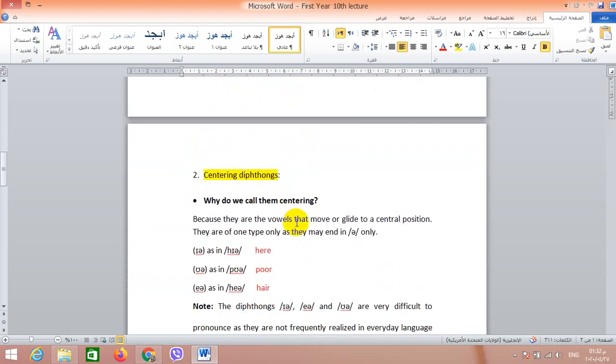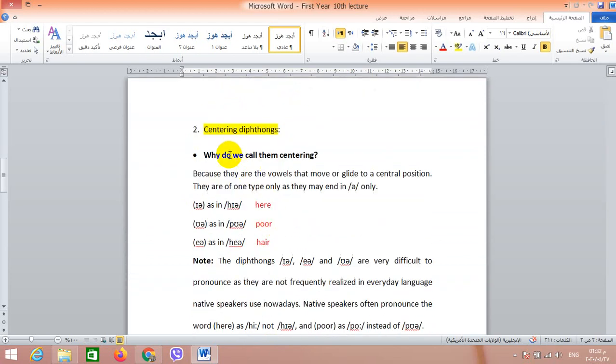The other type of diphthong is called centering diphthong. So again, the question is, why do we call them centering? Because they are the vowels that move or glide to a central position. The movement is towards the center of the vowel chart, as we are going to see later on.